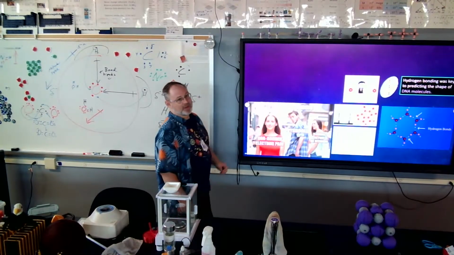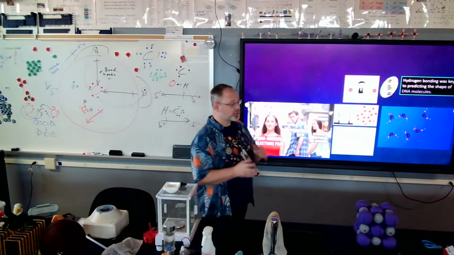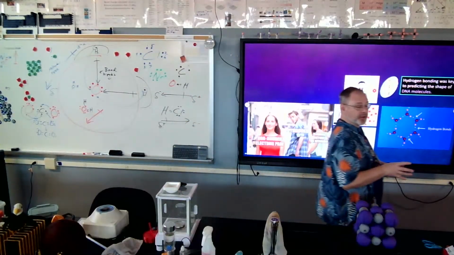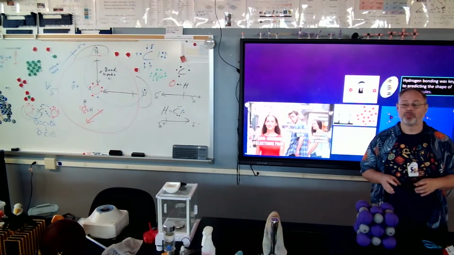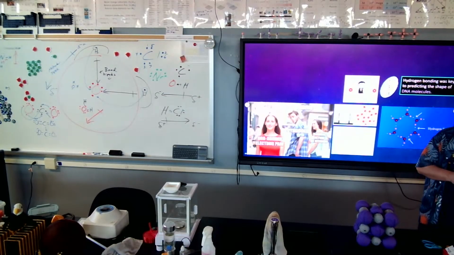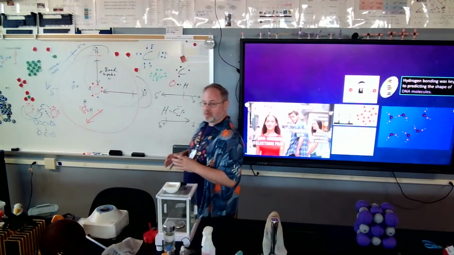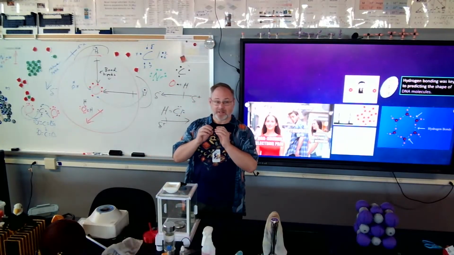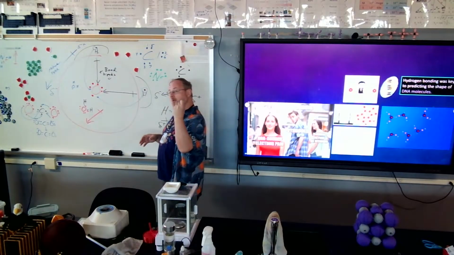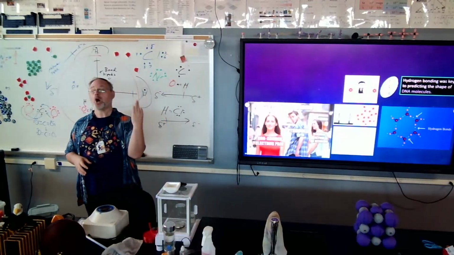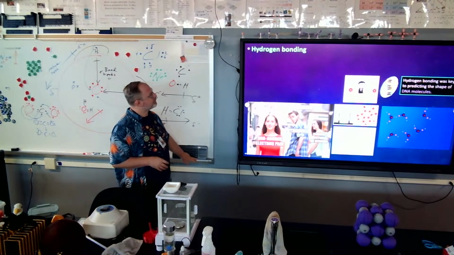Now, there's a special kind of dipole-dipole attraction that only occurs when hydrogen is bound to a very electronegative atom. So if you have a part of a molecule where you have hydrogen, which is going to make a very electropositive area, or a very low electronegative area, bound to fluorine, nitrogen, or oxygen, when hydrogen is having FON, we get hydrogen bonding.